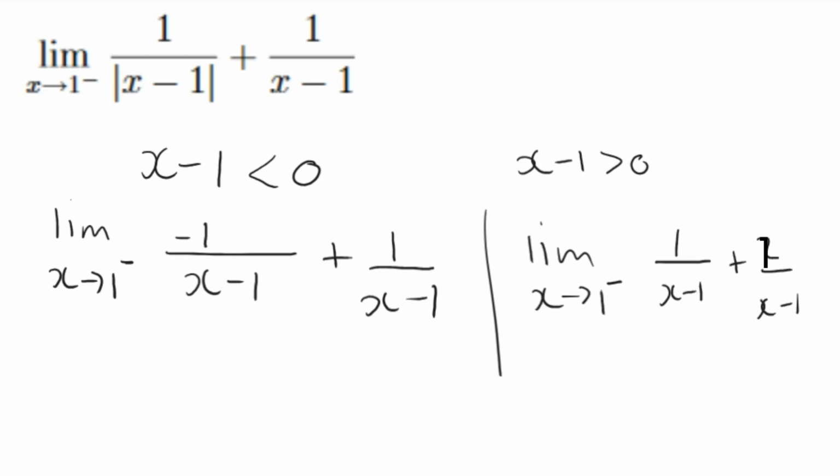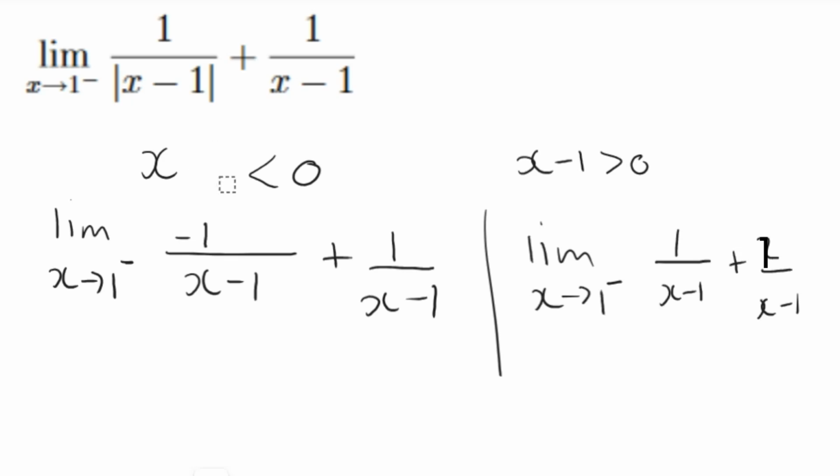But now let's check the condition. Which one aligns to this limit here? We must go only from the left of 1 because this is a contradiction of that. So this one says it's when our x is less than 1.